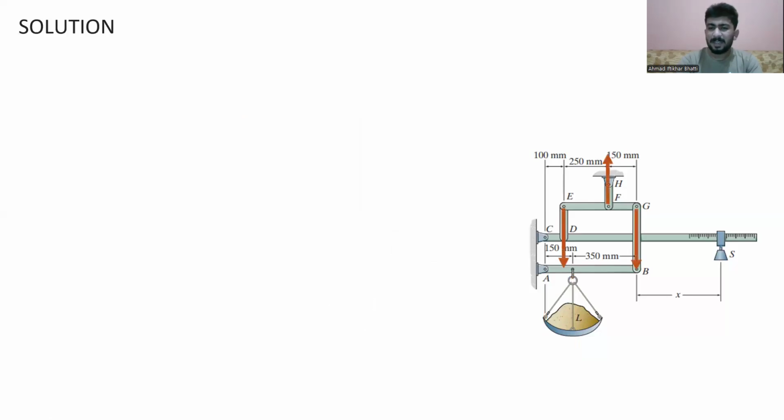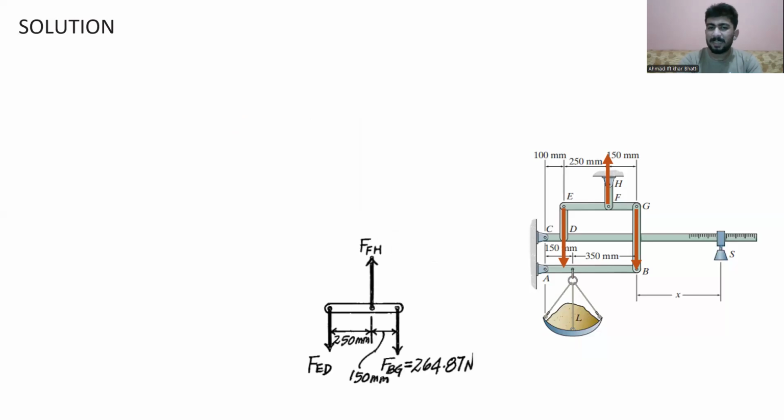And if we take the members GB, member ED, and member HF, we can apply moment at point F. So you see, we have the force in member ED and a perpendicular distance of 250 millimeters, and it is moving in anti-clockwise direction.